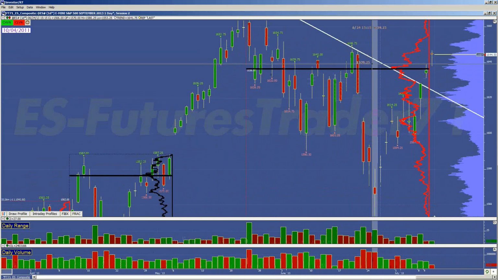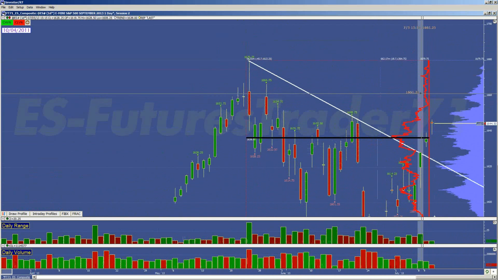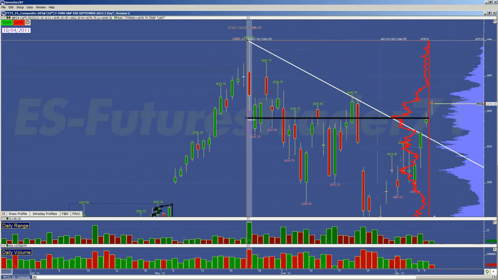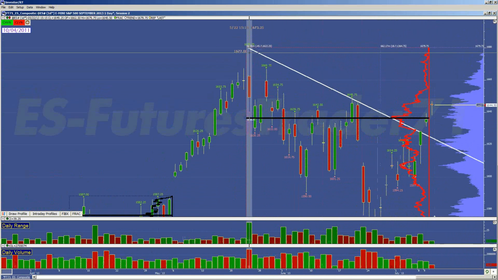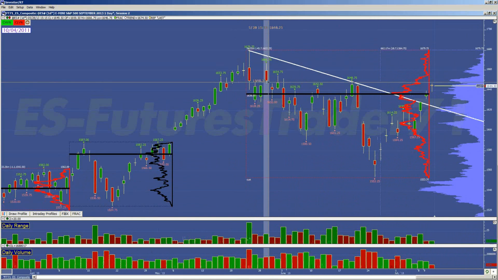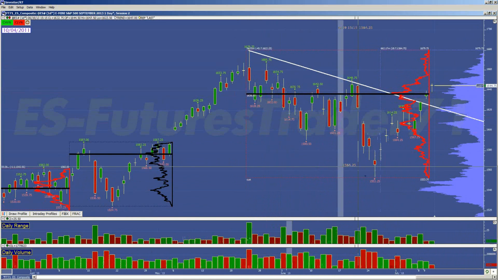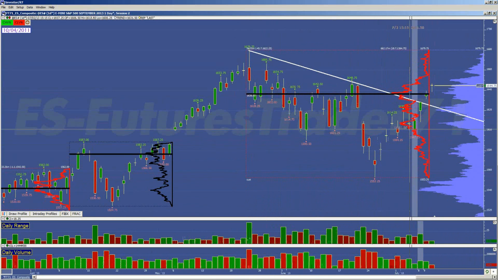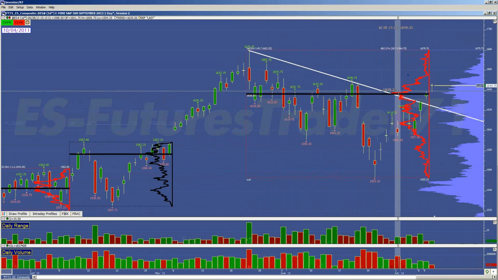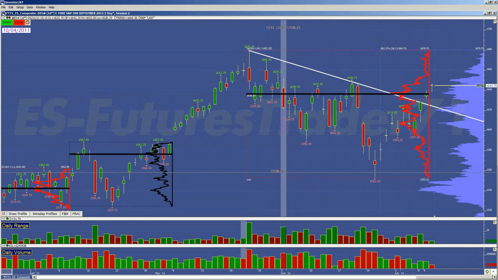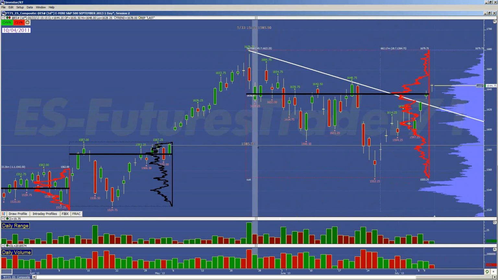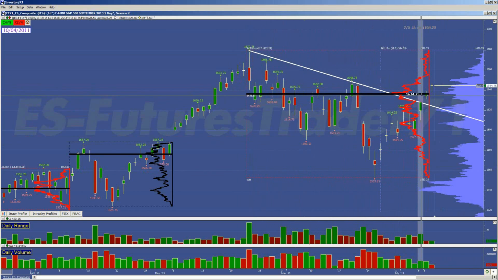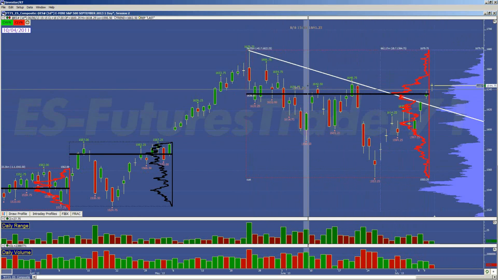So these peaks and valleys here are volume that occurred at every single price from the peak of 1679.75 on the ES September contract all the way down to the 53 low. So what you're seeing here is the volume that occurred throughout. That is specific to this balance zone, days where the market just chops around in balance.